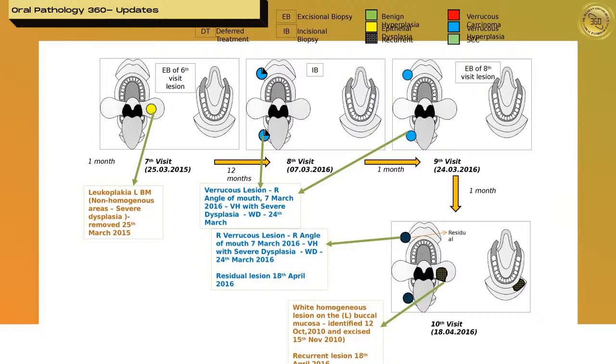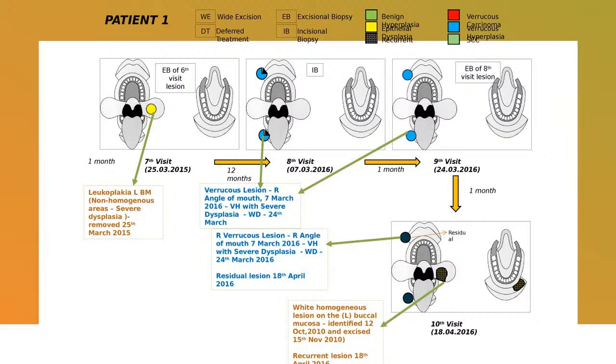And one month later, we still see that the lesion is there, and that was considered residual, and it was finally removed. And there is also a whitish homogeneous lesion in the left buccal mucosa, where the color has changed a little, which is considered a recurrent lesion from the previous time.